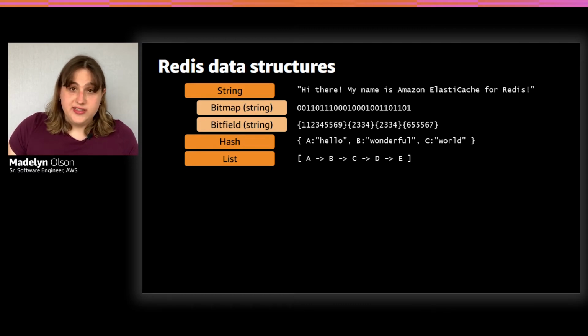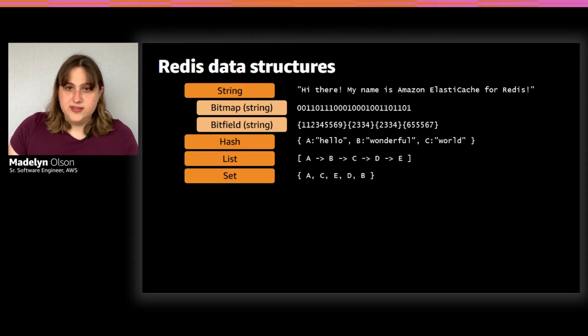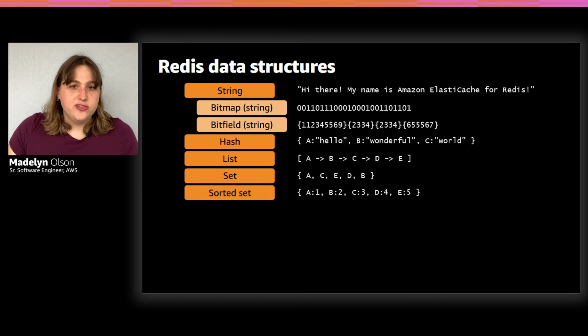There's a set, which is an unordered collection of items that allows you to do basic operations like intersecting and doing unions of multiple sets to figure out the difference or the total number of unique items. The sorted set, which is a modification of the set, introduces a score so that you can also have some sort of ranking within the set. And geospatial information, which allows you to do efficient lookups across distances.